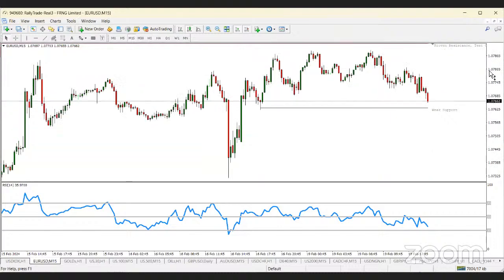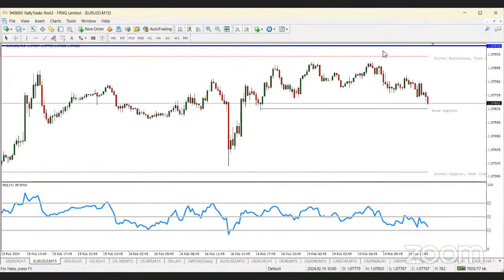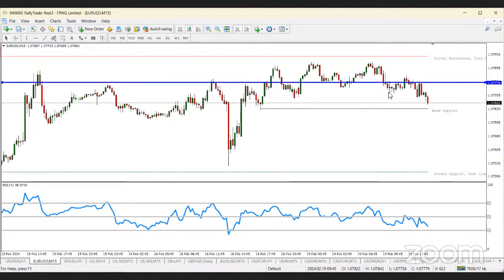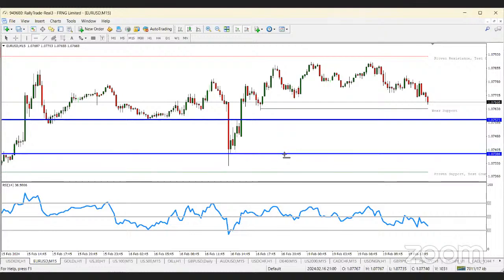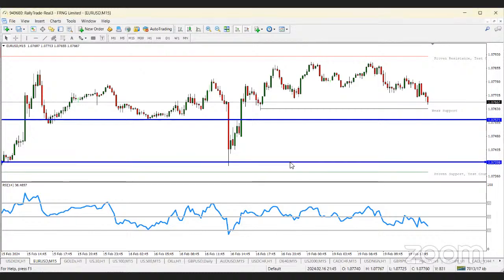Against the euro. So what we are going to do is, right now we have a weak support on 15 minutes. That weak support is what we are going to trade with. Once price closes below 1.07570, we could sell and look out for at least 20 pips of profit, from 1.07570 to around 1.07330.